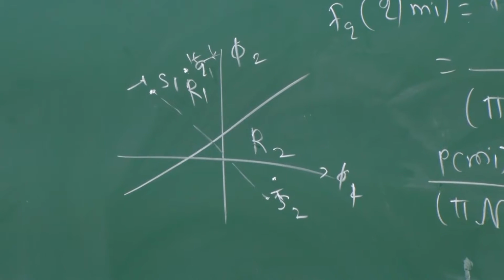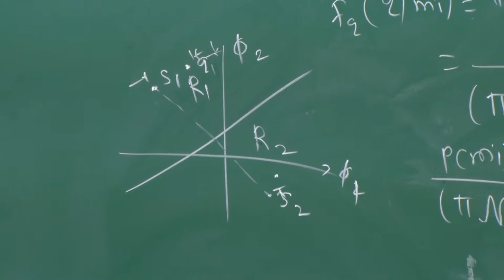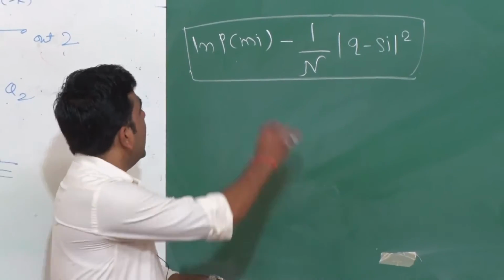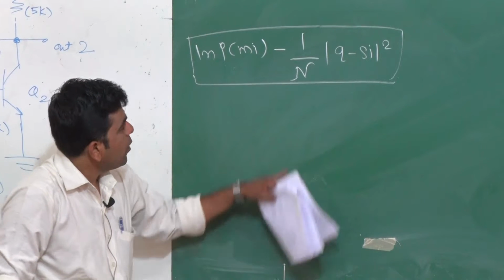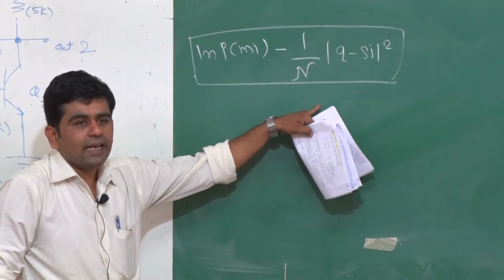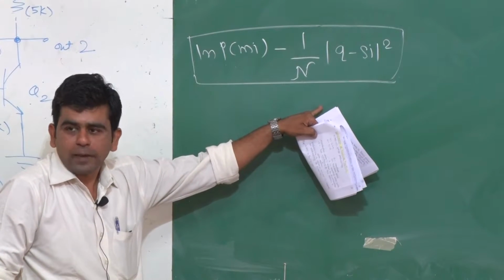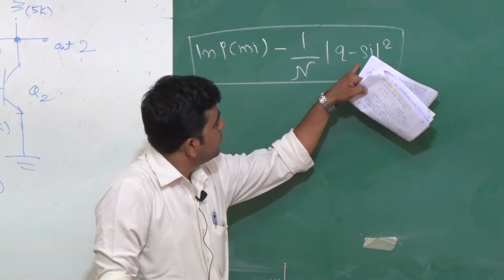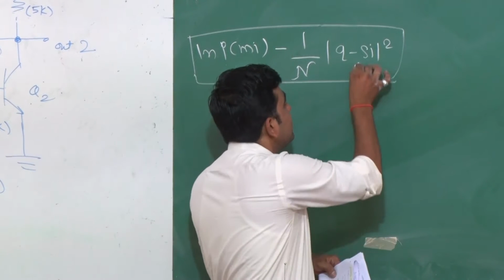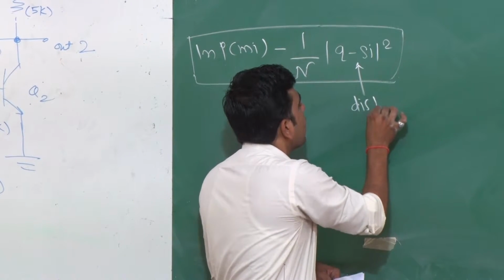Same rule, same decision is given by this decision function. Here, natural log of probability of Mi minus 1 by italic capital N, that is the power spectral density of your noise, into mod of Q minus Si. This is a distance.